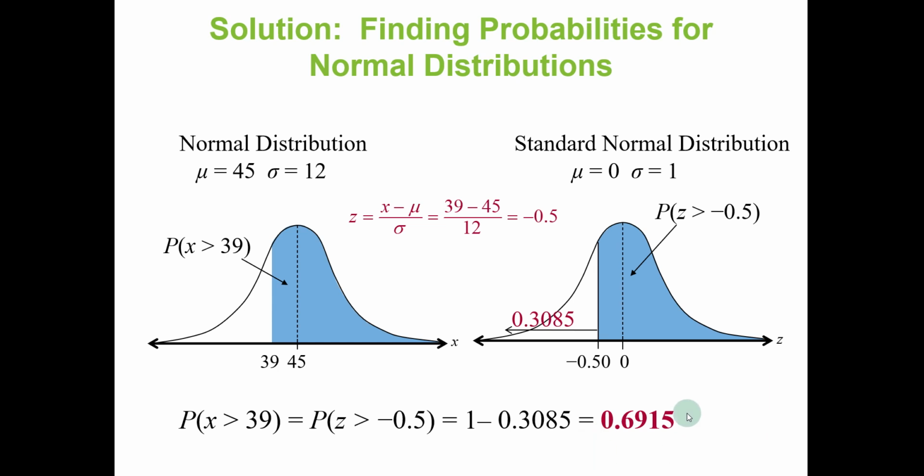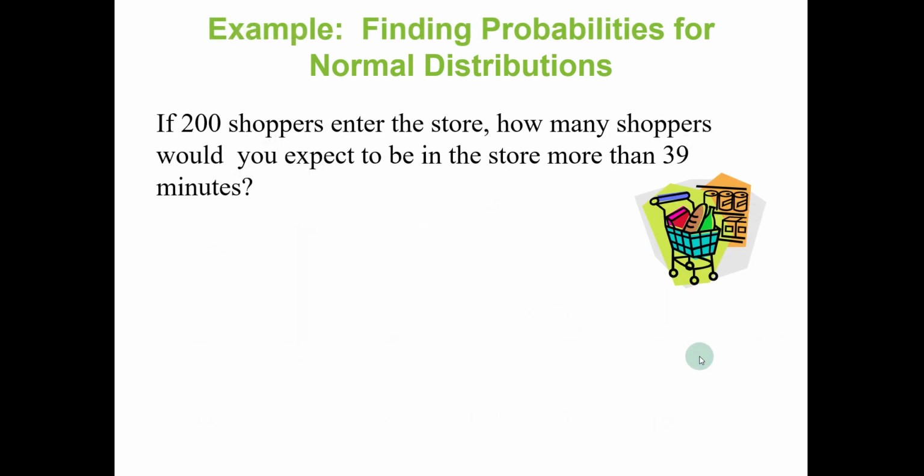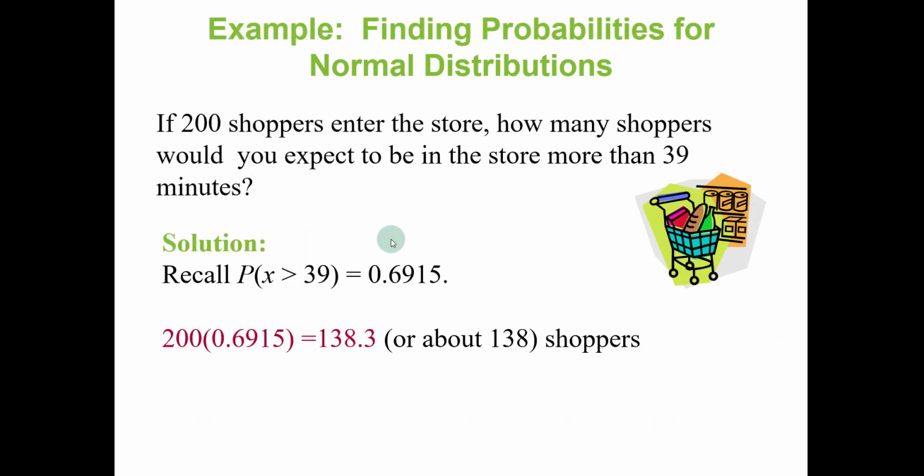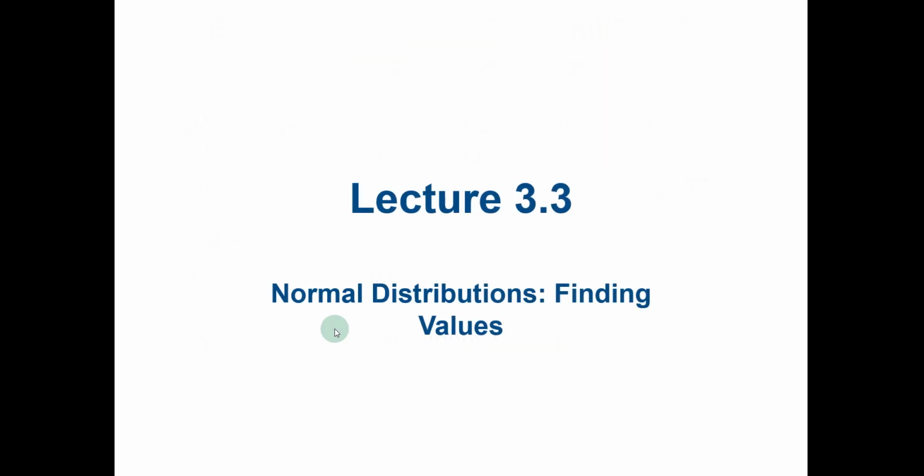Remember, we've already computed this as the probability of having a shopper in the store for more than that time. So if you are looking at 200 shoppers, you just multiply. And that's it for this part.